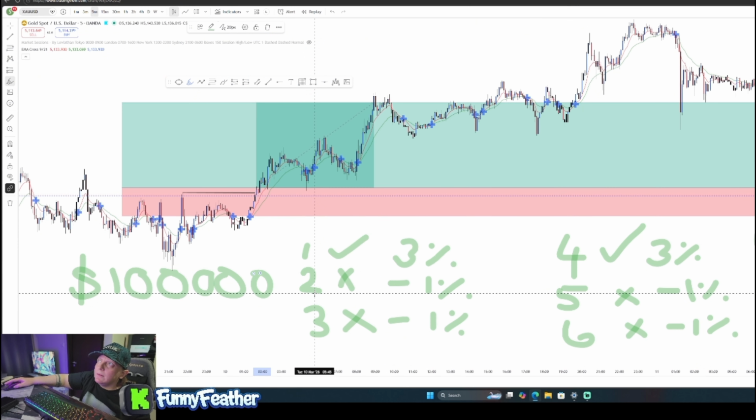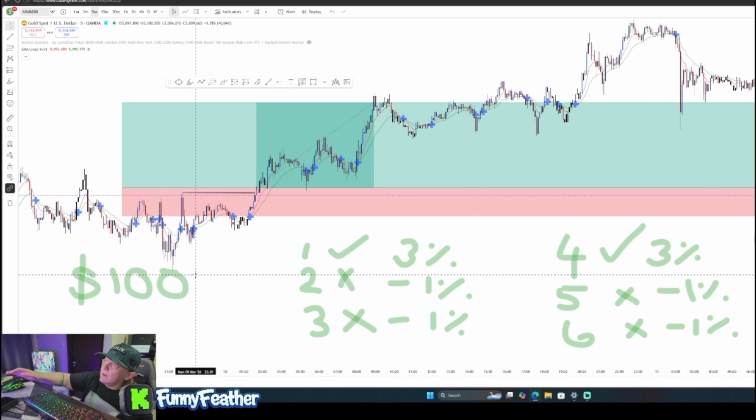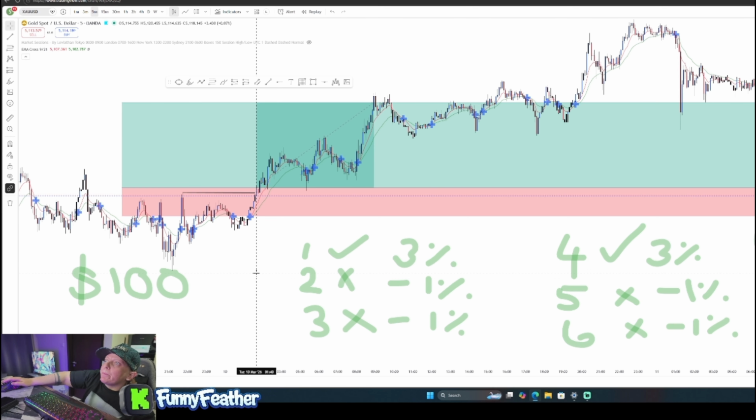We do not have that. So we have 100. Now with this chart, what we see is, we made how much? 1% of 100 is how much? 1% is 1, easy peasy, because it's 100 to 1. So we made $2.